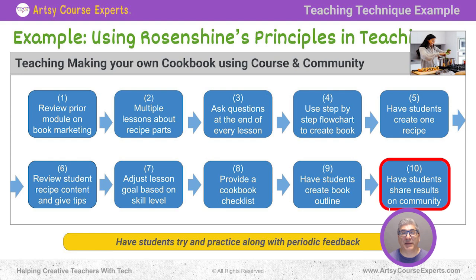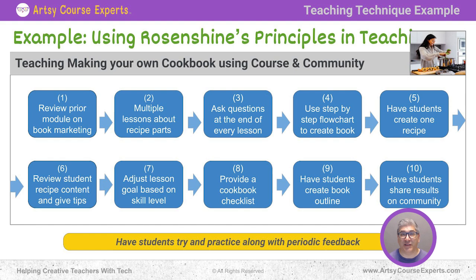The final principle would be to get independent reviews. So you would want your cookbook students to share. Maybe they're sharing on the community, or maybe they're sharing on the online course platform, but they're sharing their results. They're sharing their outline. They're sharing an example recipe. They're sharing some art. They're sharing the angle of photos that they take for their recipes.